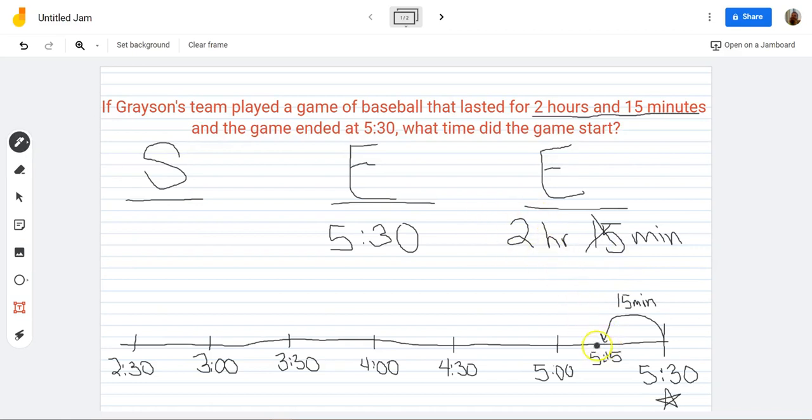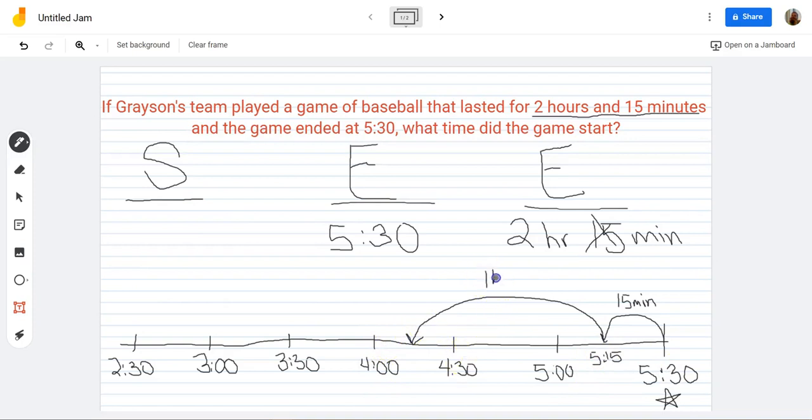Let's go 1 hour at a time. So remember, each of these is a half hour mark. So we're going to go past the 5 o'clock, past the 4:30. We're going to go back an hour between 4 o'clock and 4:30, just like how my current spot is between 5 o'clock and 5:30. I'm going to go back an hour, so I need to be between 4 o'clock and 4:30.